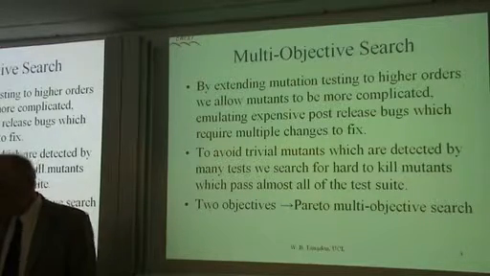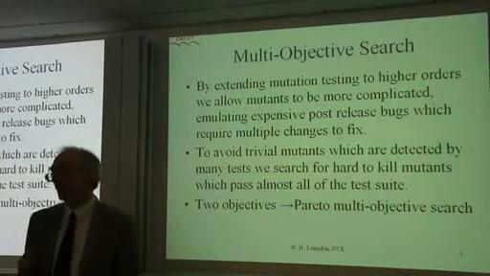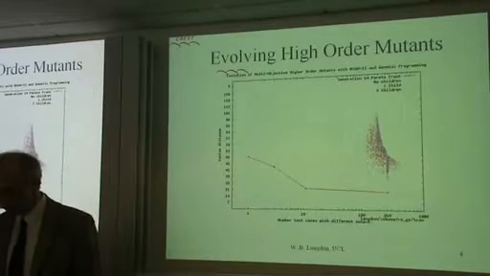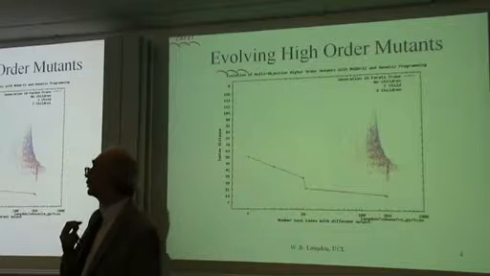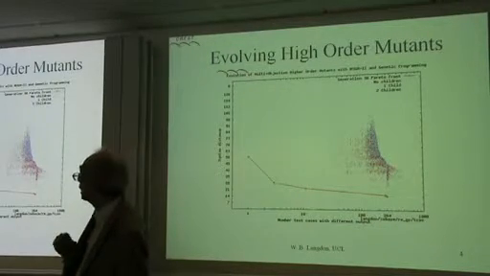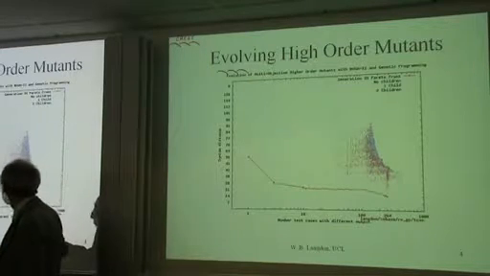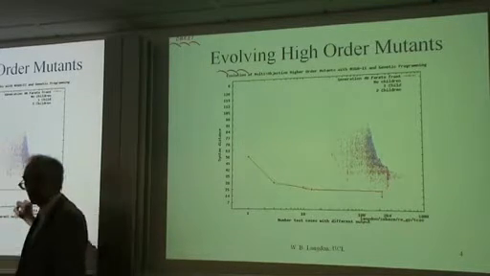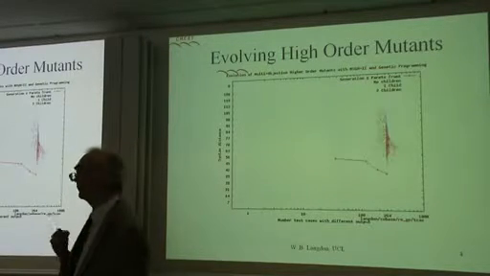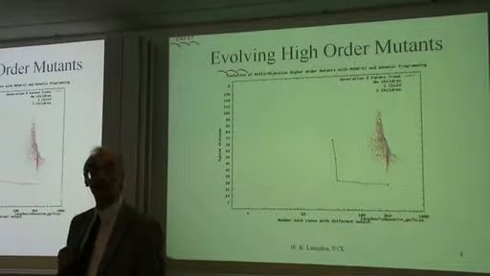So what we're trying to do is a multi-objective approach. What we want is mutants which are both difficult to kill but also don't change the code overly much. The point of this animation is, along the x-axis we've got the number of test cases where the mutant is different from the original source code.